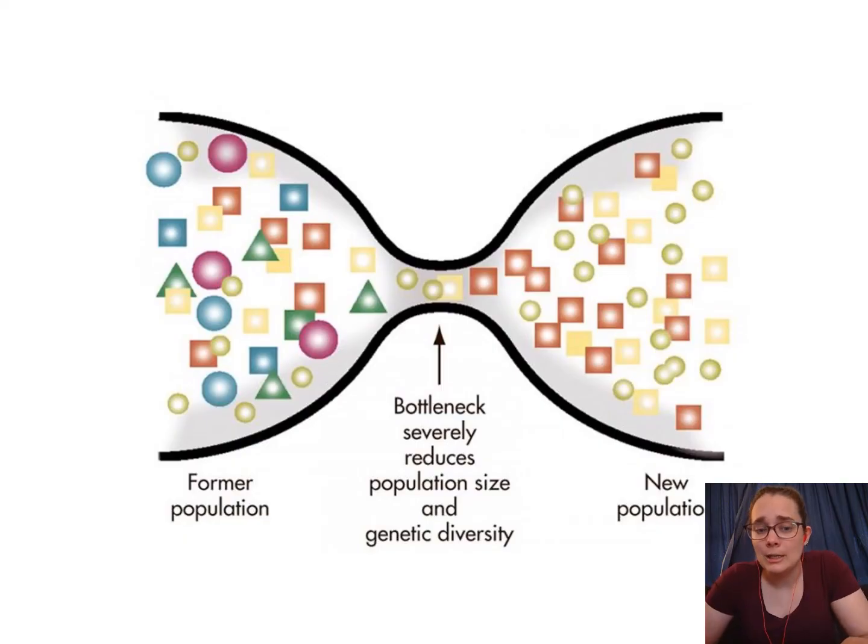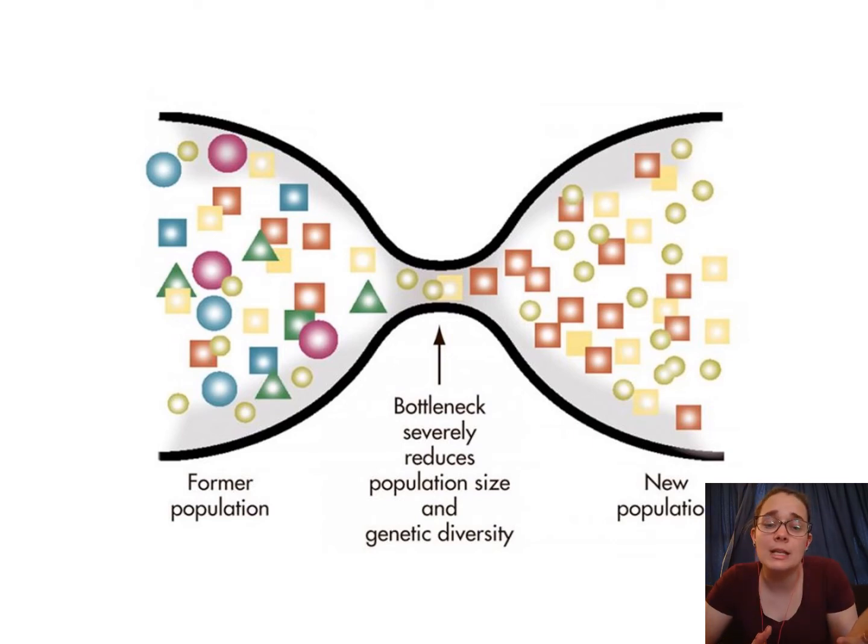If you have a look here, the former population on the left has blue circles, it has green triangles, it has a larger variation. A bottleneck effect severely reduces the population. So something happens, whether it's an earthquake that kills off quite a number of the animals, or it could be a tsunami, or it could be flooding, it could be wildfires.